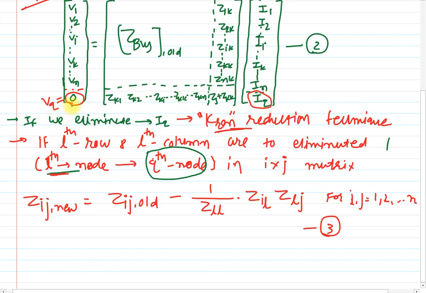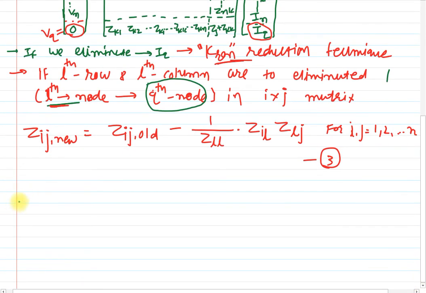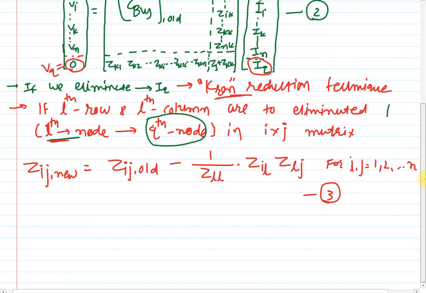So we have the 0 in the voltage vector and the 0 in the current vector, and then we are eligible to apply the Kron reduction technique. So let us apply equation number 3, using Kron reduction, on equation number 2, which is written over here in matrix form.